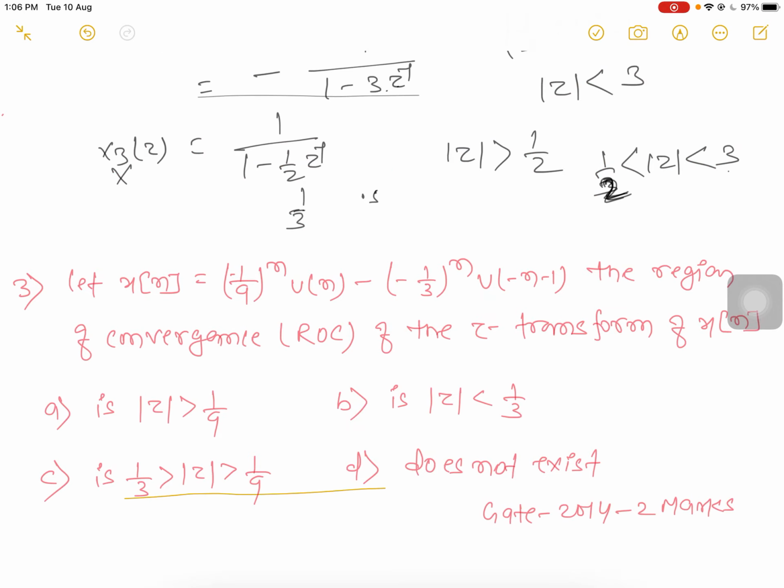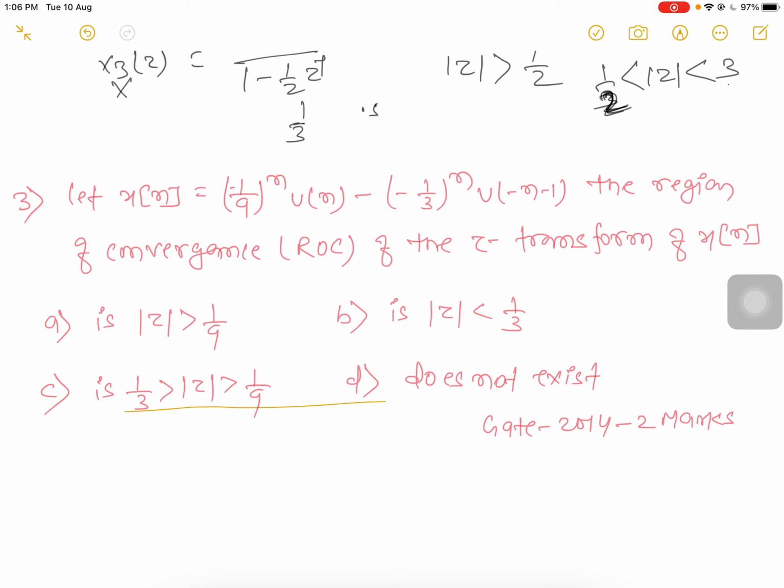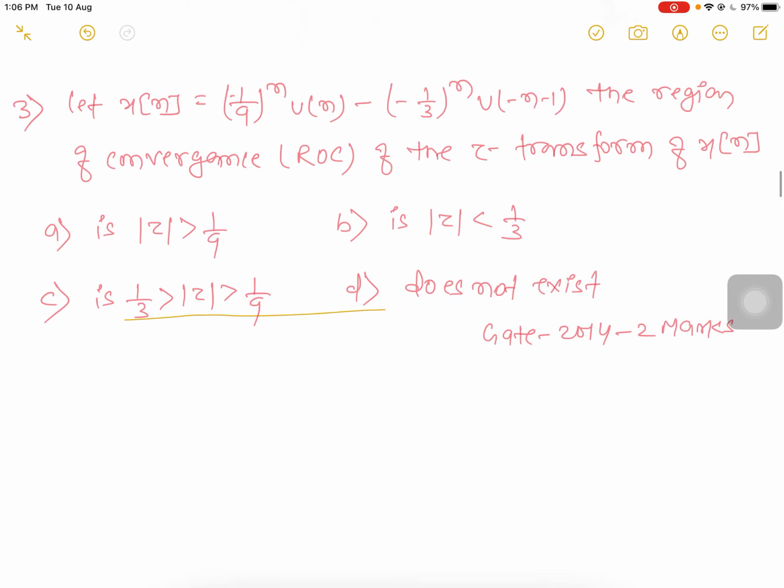Coming to the next question. Let x(n) be equal to (-1/2)^n u(n) minus (1/3)^n u(-n-1). Here one part is right-handed, the other left-handed. The region of convergence of the Z transform of x(z) is?